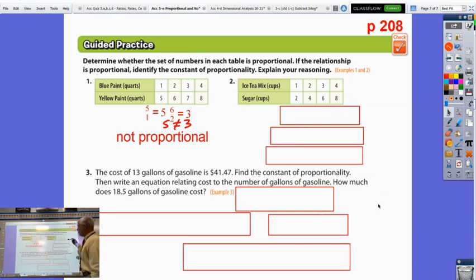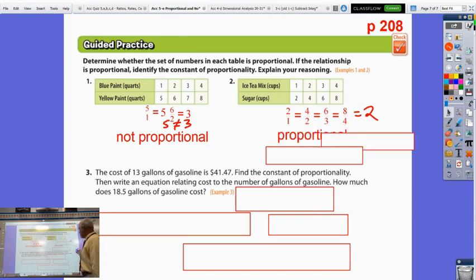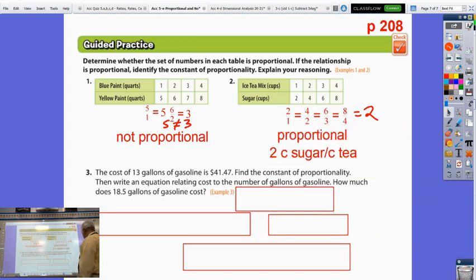Now these you could do in either way. 1 cup of iced tea for 2 cups of sugar. Probably goes better as cups of sugar over cups of iced tea. 2 over 1, 4 over 2, 6 over 3, 8 over 4. These all equal 2, right? So since they are all the same, it is proportional. And the constant of proportionality is 2 cups of sugar per cup of tea.